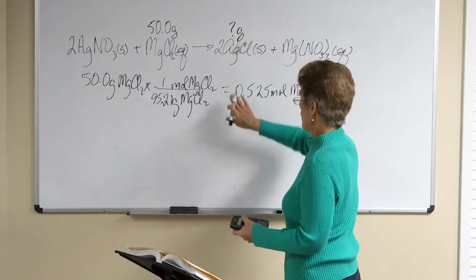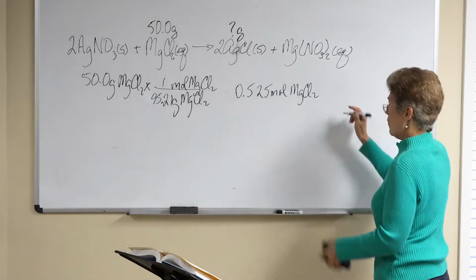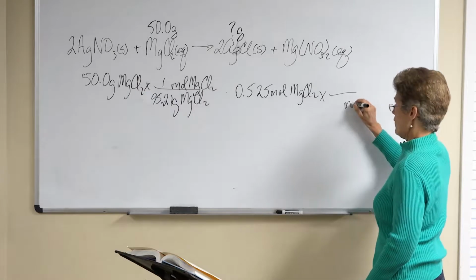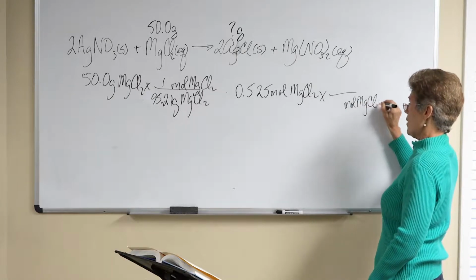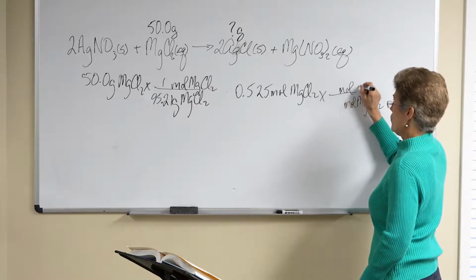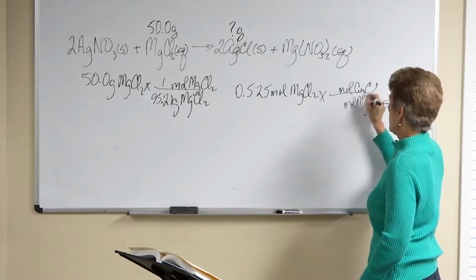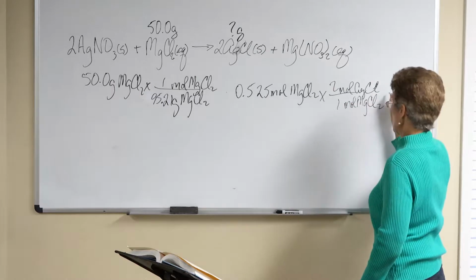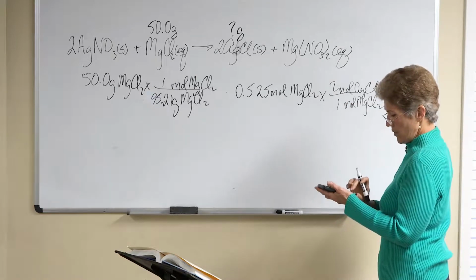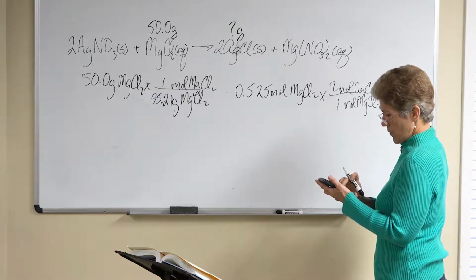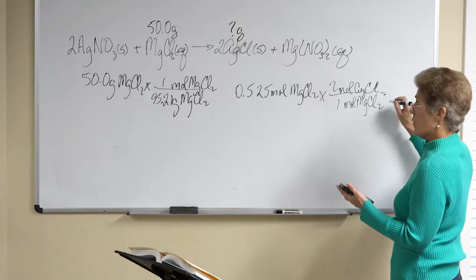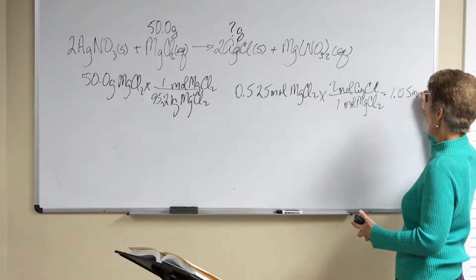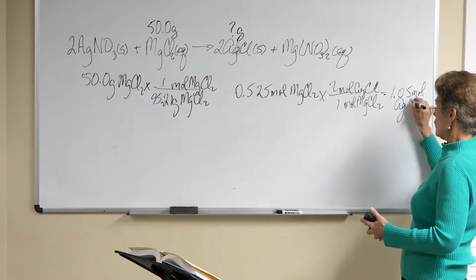Okay, and so now we're going to go across the moles to get from here to here. So we have the moles of magnesium chloride, and we're going to the moles of silver chloride. There's 2 of these to every 1 of these. So that's going to give us, in 3 significant figures, 1.05 moles of silver chloride.